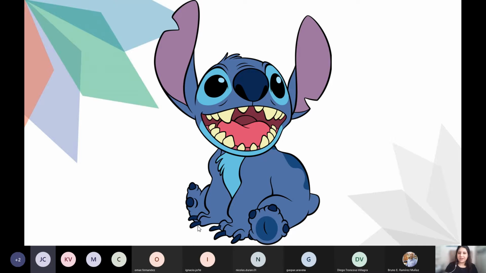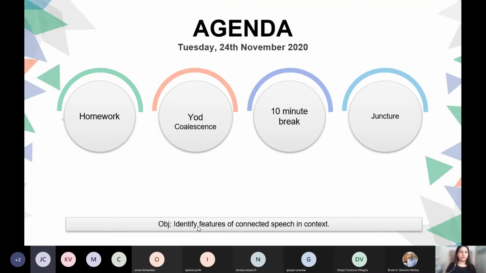So now I don't know if you remember, but we have been dealing with different features of connected speech, and the homework you had was supposed to join all the features together. And it is going to be very helpful for you because if you are able to identify the different features of connected speech, that means you fully understand those features.